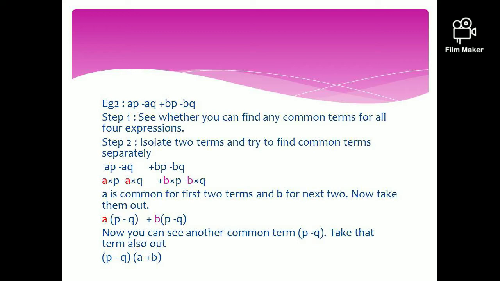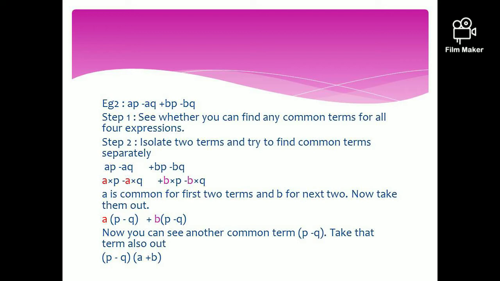Therefore, if you isolate AP minus AQ and BP minus BQ, you can understand that A is common from the terms AP minus AQ and B is common from the expression BP minus BQ.